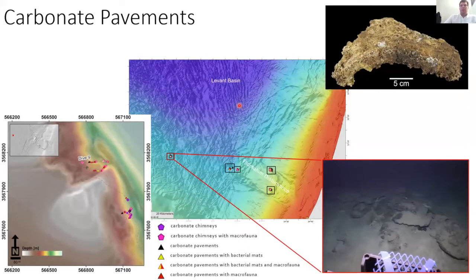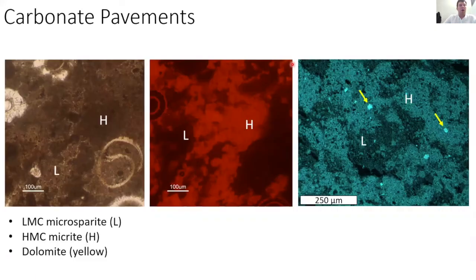Coming to the carbonate pavements, they are, as I said before, like hardground building structures. That's one sample that I took actually. And we can distinguish three major phases in here: a low magnesium calcite microsparite all around here, then a luminescent high magnesium calcite micrite.